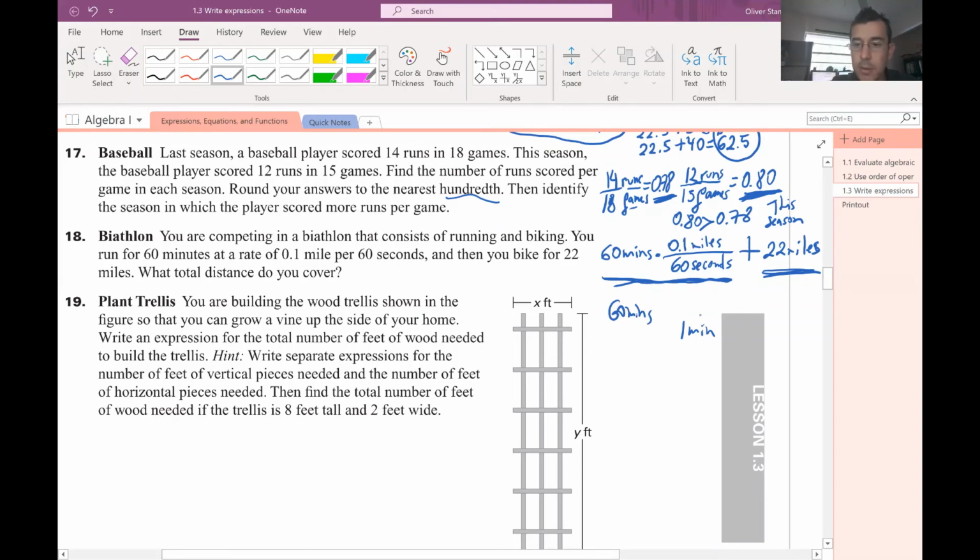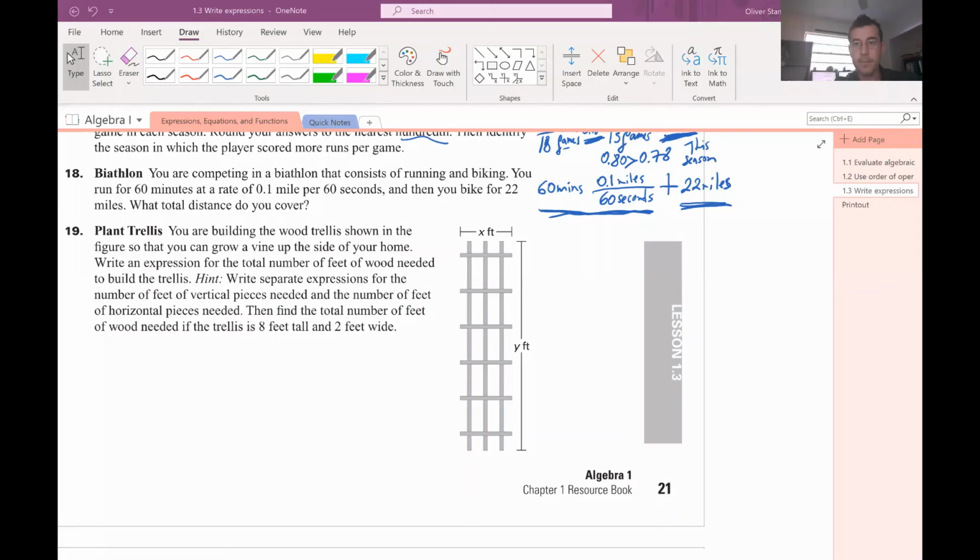Okay, so we have 0.1. Okay, so we have 60 minutes here, multiplied by 0.1 miles over 60 seconds. We said it's 1 minute. So the person is running 0.1 miles per minute. In 60 minutes, how many miles is he going to run?